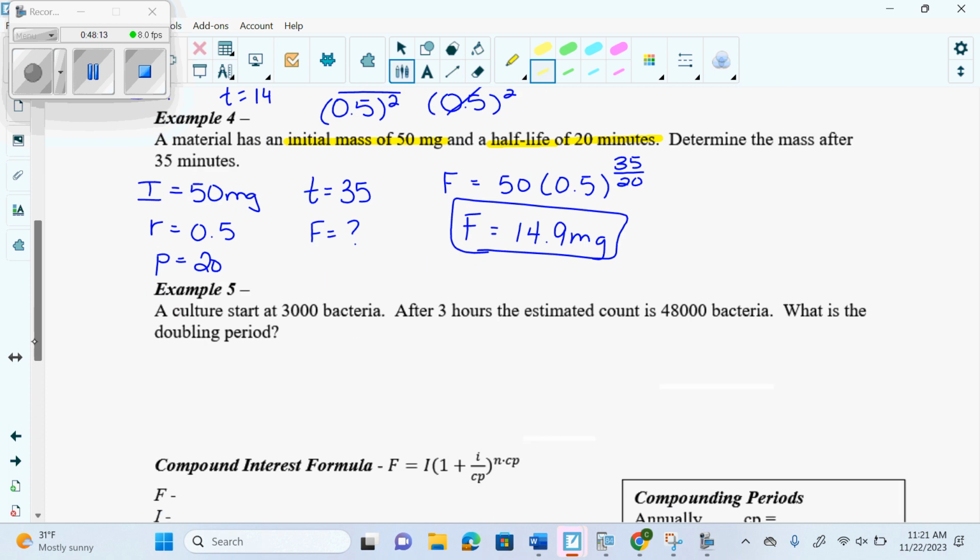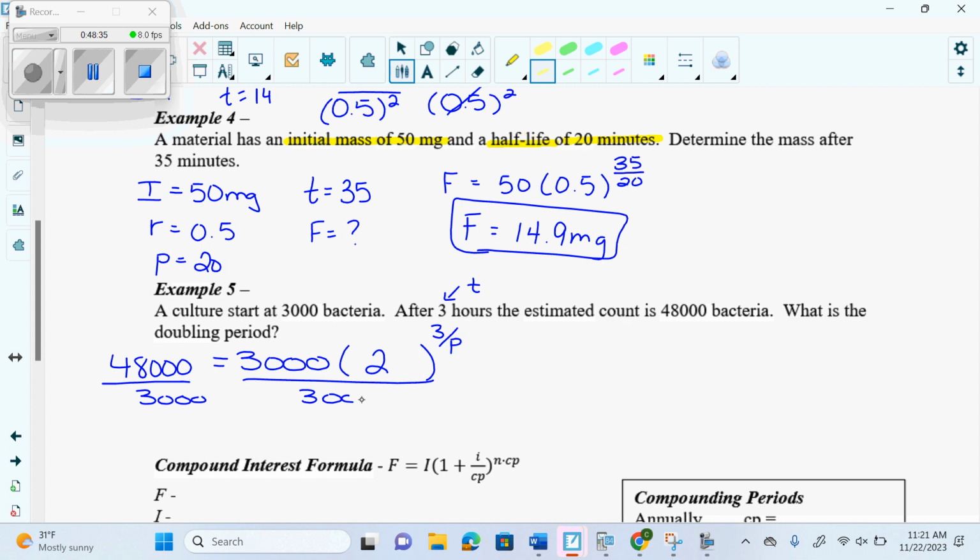Then this one says a culture starts at 3,000 bacteria. So that's my initial. After 3 hours, it's estimated to have 48,000. So that's time to final. That's T. What is the doubling period? So once again, I have to divide by 3,000. So I get 16 equals 2 to the 3 over P. Now guys, you can convert it to a log, but you also might be able to spot this.